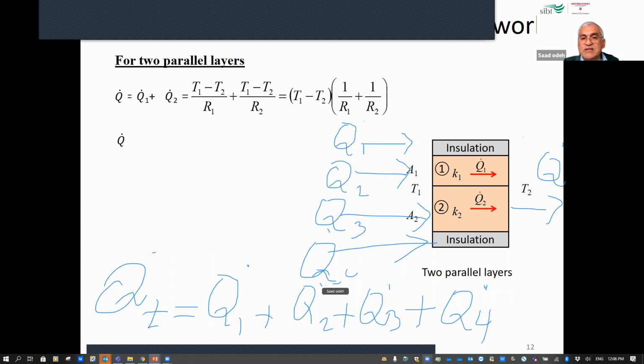So for Q total you must add all these Qs. All right. Or the other way around is to find the R, the thermal resistance of the whole wall, and then you apply the thermal resistance rule, which is easier, of course.